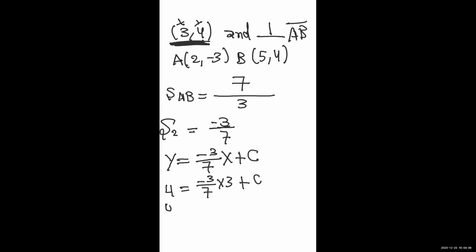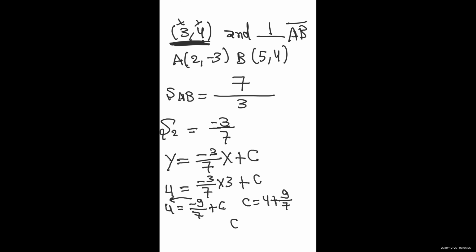So 4 equals -9 over 7 plus c. So now, guys, c will equal 4 minus, it's negative, so I will shift it to the other side, was positive, so 4 plus 9 over 7.